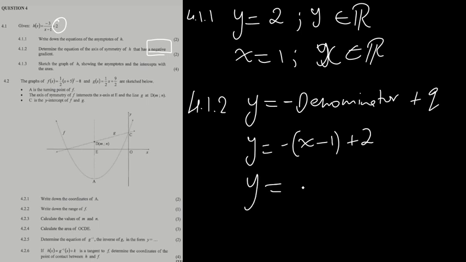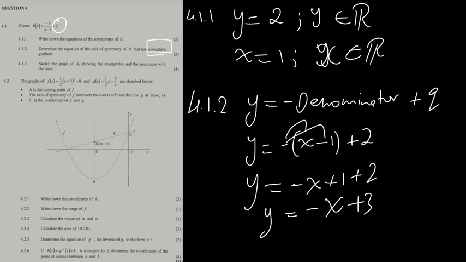Then y is equal to negative, a negative times positive x is negative x, negative times a negative is a positive 1, of course. Then you say plus 1. Then negative x. What is 1 plus 2? That is 3. Then equals to y. Now you are done. This is the equation of symmetry.